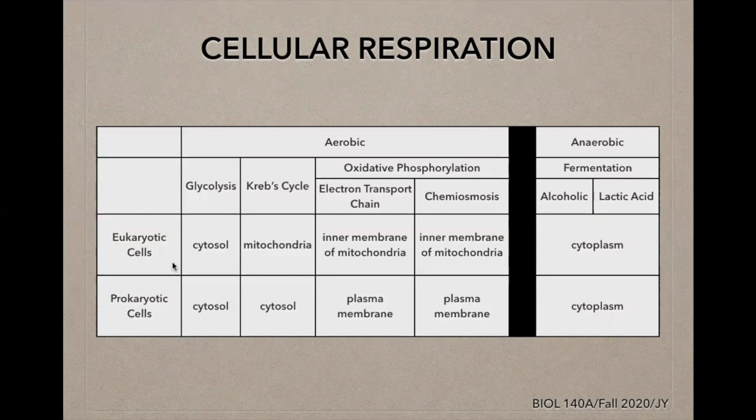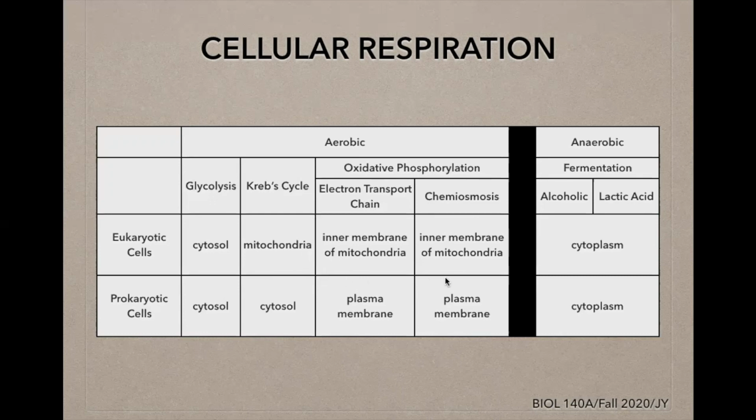And in these eukaryotic cells, aerobic cell respiration begins in the cytosol, which is the semi-fluid portion of the cytoplasm. And then cell respiration moves into the mitochondria or the mitochondrial matrix, and then it ends in the inner membrane folds of the mitochondria. And so the third stage, as I mentioned before, is oxidative phosphorylation, which includes the electron transport chain and chemiosmosis.